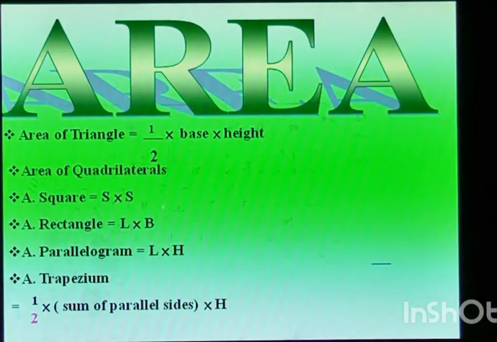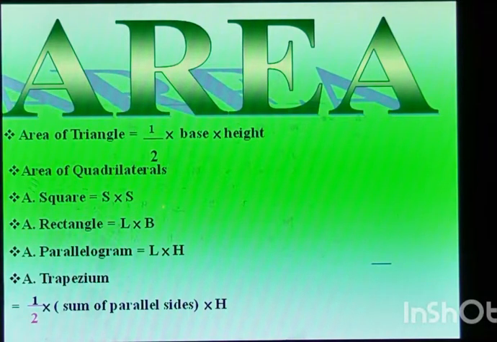And then area of quadrilateral, area of square, area of rectangle. Area of quadrilaterals actually consists of all the types of quadrilaterals, that is square, side multiplied by side, rectangle, length into breadth, parallelogram, length into height, trapezium, that's equal to half into sum of parallel sides into height.